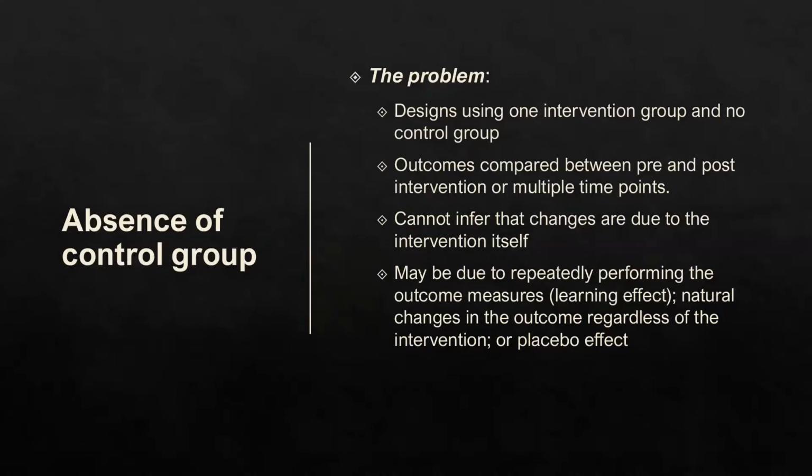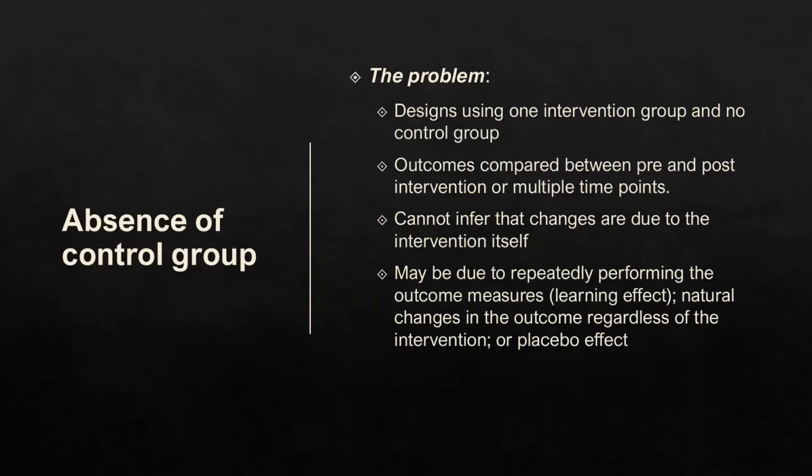So they're just getting better naturally because of the learning effect. Another reason why changes can occur in health studies could be natural changes in the disease's progression over time rather than the actual intervention. The patient could be getting better over time anyway, regardless of whether they got the intervention or not, or it could just reflect the natural history of the disease.